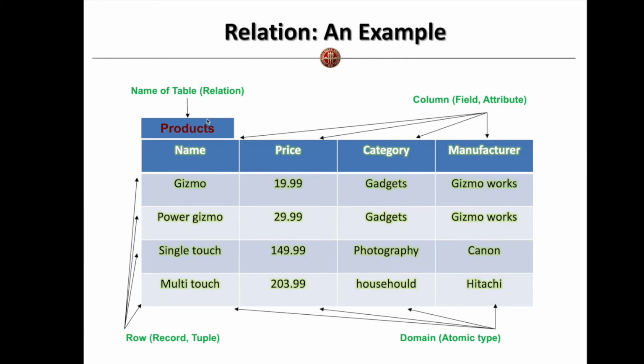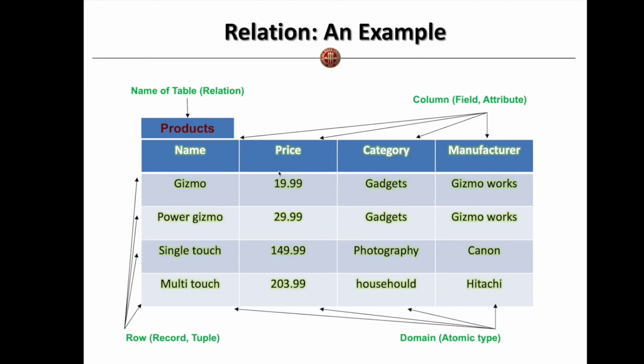And inside the table we have rows as well as columns. You see, for the first row, we have a bunch of entries denoting some attributes. Now for the products, we have the product name, the price of the product, category of the product, as well as the manufacturer of the product. Because the product has a bunch of attributes, we can indicate the attributes of the product as the columns.